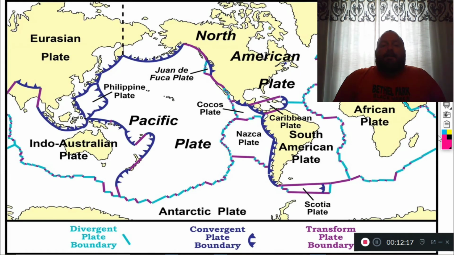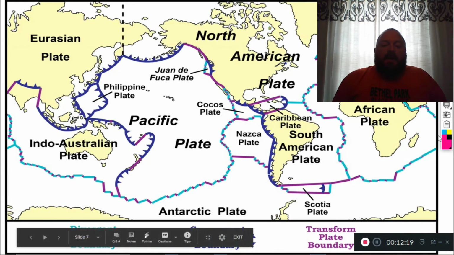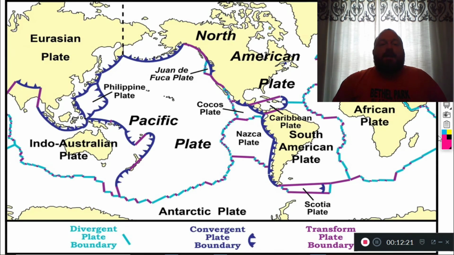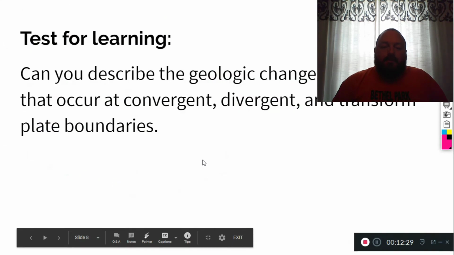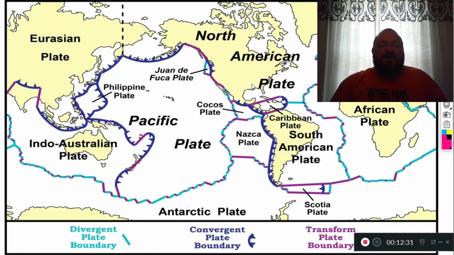So what I want you guys to do here, take a second, again, pause the video. As you pause the video, look at these plate boundary types. The blue, turquoise lines are going to be our divergent boundaries, again, separating out from one another.